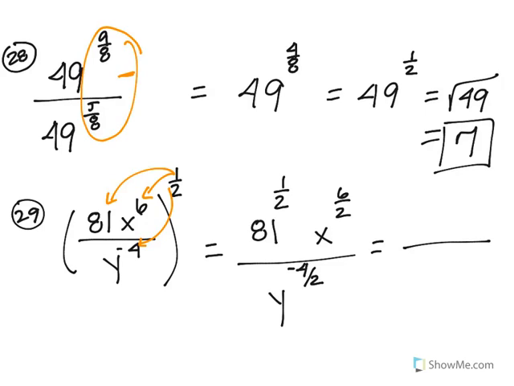So if I do my variables, that would be x to the 3rd and y to the negative what? 2nd. And you could have just done it all in one step. And what does that mean with the 81? Square rooted, which is 9. Very good. So the only other thing you need to do is what?